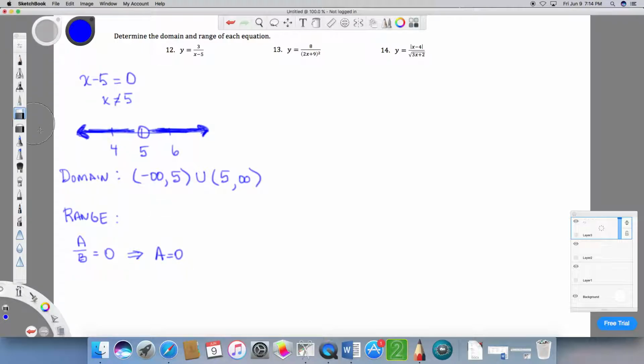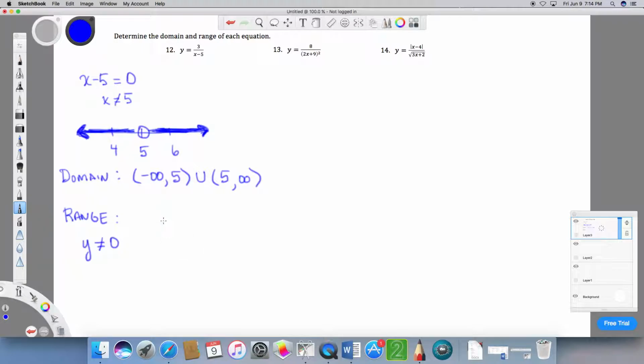Well, if we look at the fraction that we have, the numerator is always constant. It's never equal to 0. It's always equal to 3. So I know for certain that y cannot be 0. And I believe that's the only value.